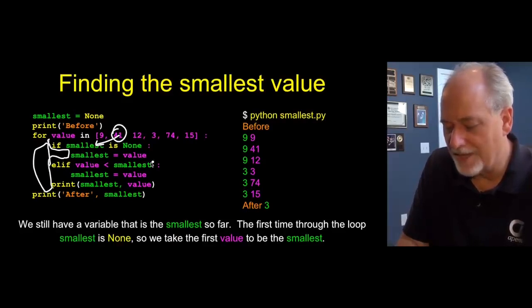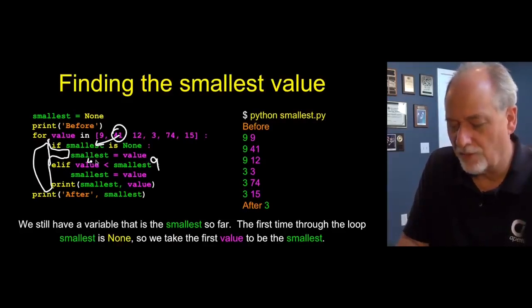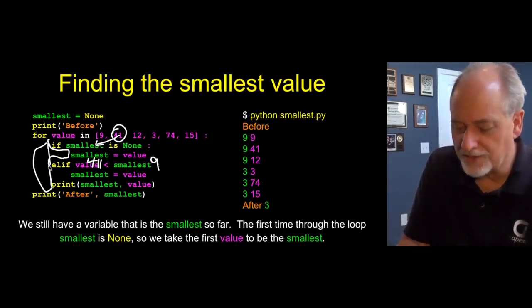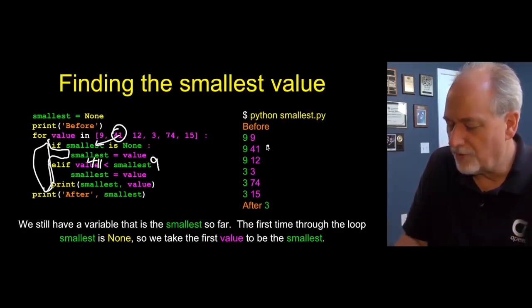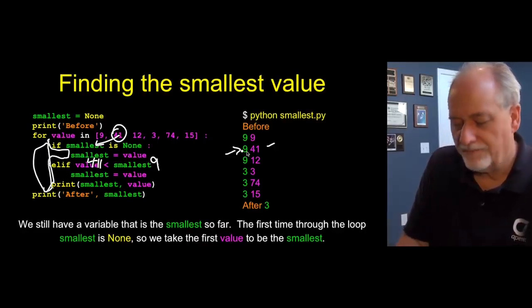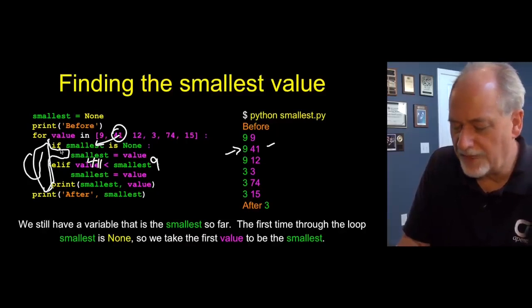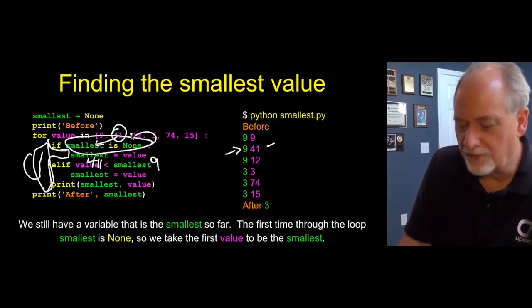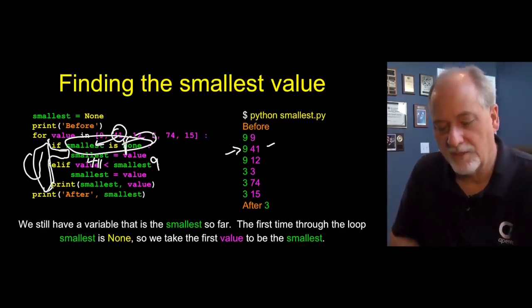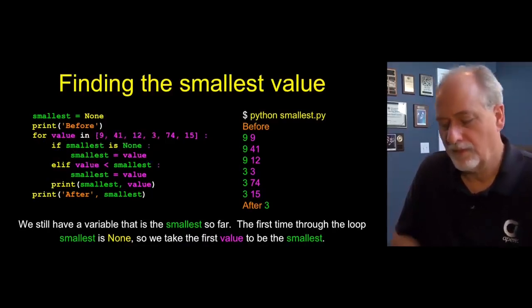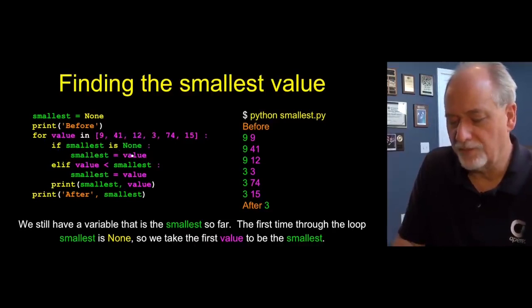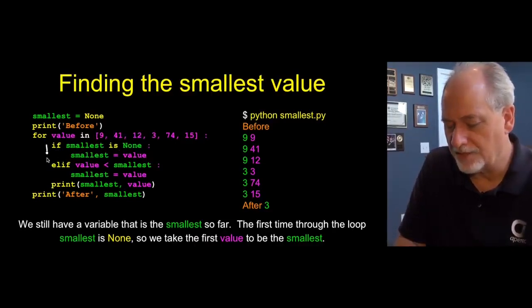Well, smallest is 9 in this case, and this is 41, so that's false, so it skips that and goes on. So we see 41, we don't take it, and then you can see that this will never become true again. This is pretty much false for the rest of the iterations of the loop. So it just is going to run down here and ask this question.